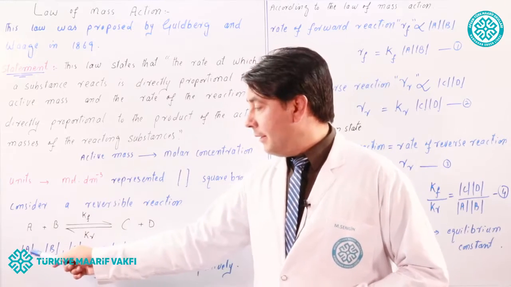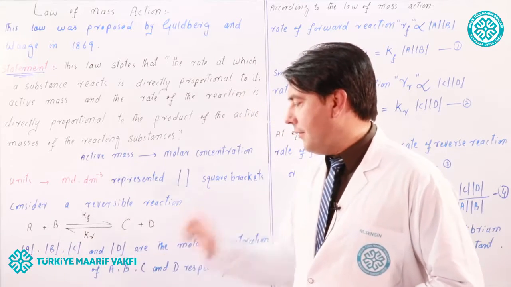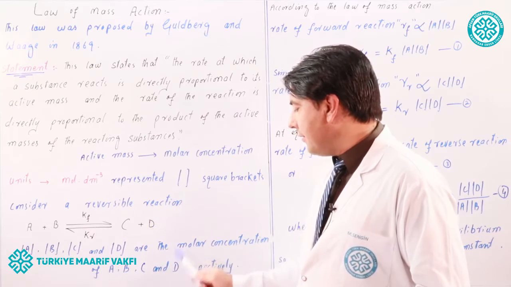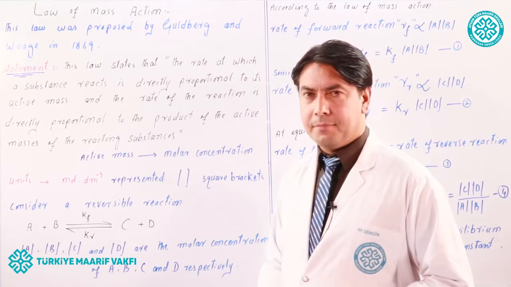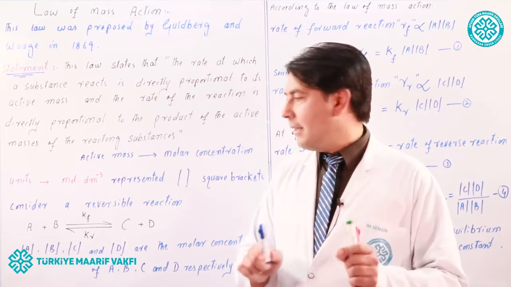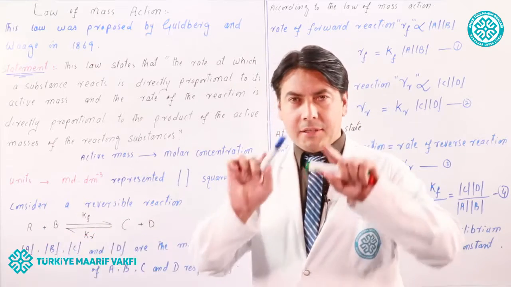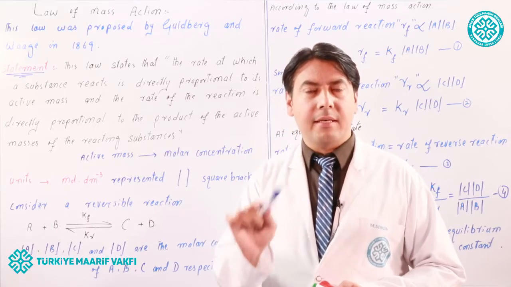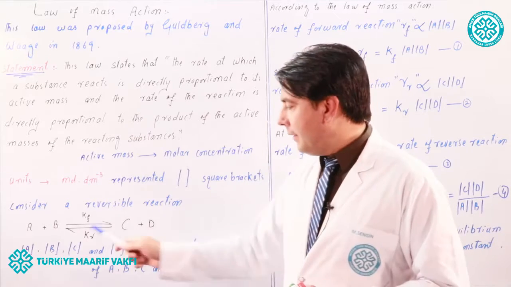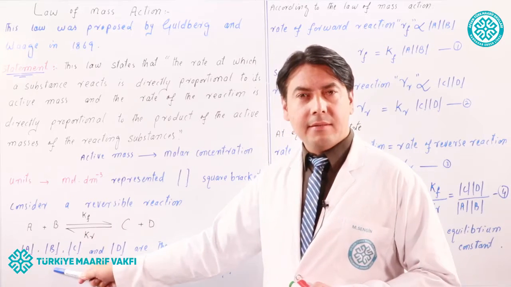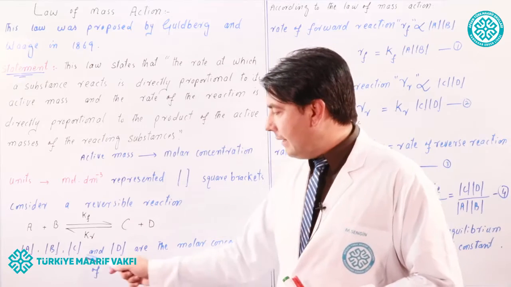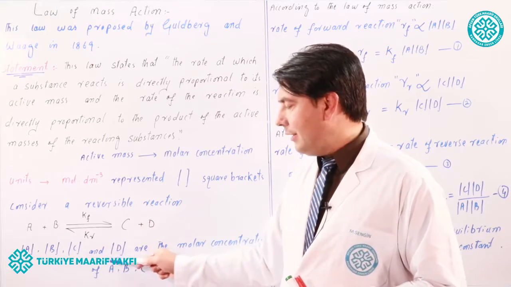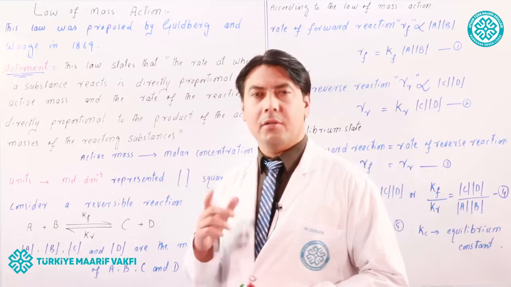Let [A], [B], [C] and [D] be the molar concentrations of A, B, C and D respectively. When we take A in square brackets, it indicates the molar concentration of A, and likewise for B, C and D.